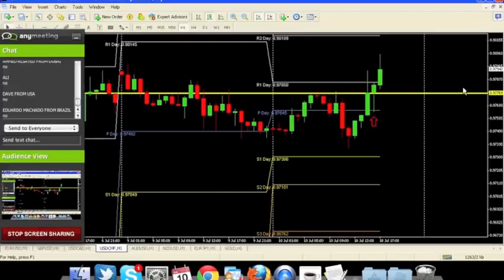The reason why we say ballpark is because every broker manipulates the price of the market slightly. Along with that, your pivot points are calculated at GMT plus 0, or the server time from the broker. Some brokers are at GMT plus 1, some brokers are GMT plus 2. So your pivot points can be slightly off. But overall, you get the same idea, you get the same direction. Okay, you get to understand where the market's going.